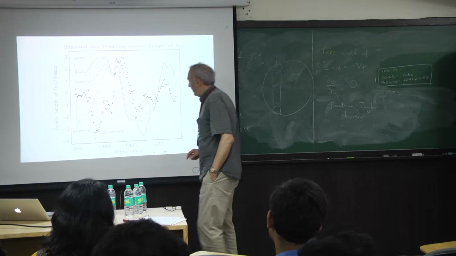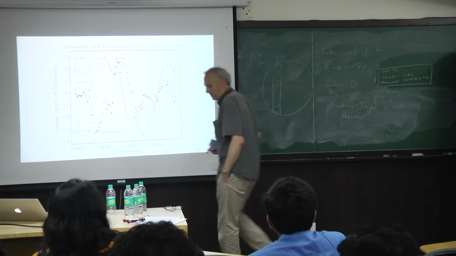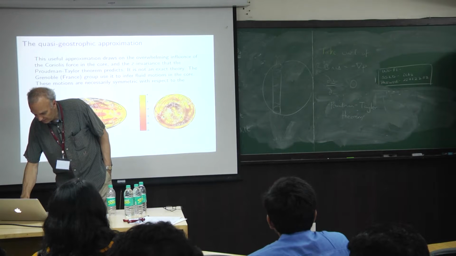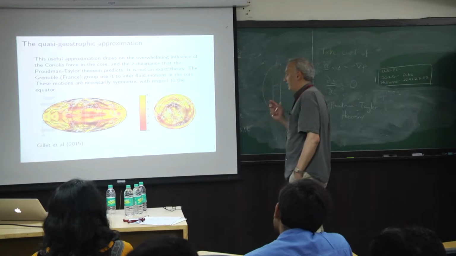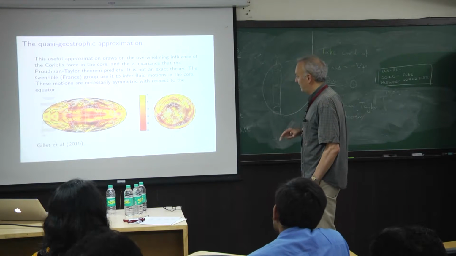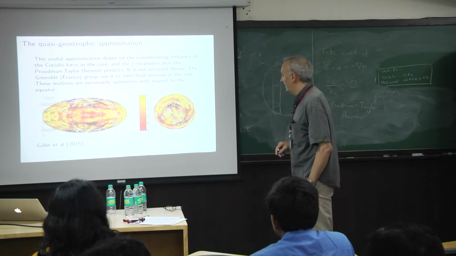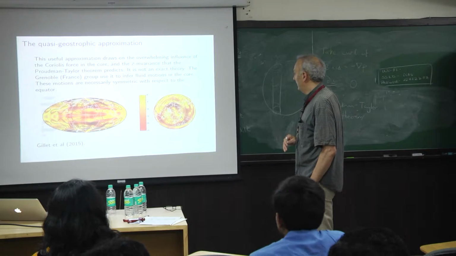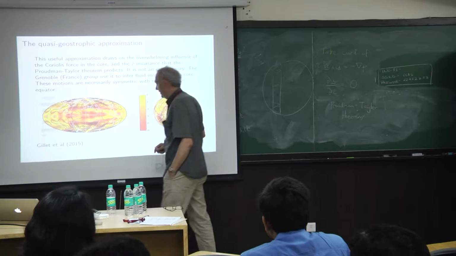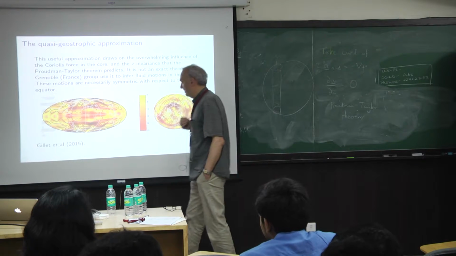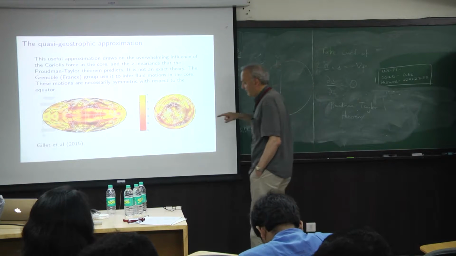Let's just go straight to the Grenoble results. So the Grenoble group have carried out this exercise. They've carried it out using a special kind of approximation that I think it's not appropriate to go into. They've retrieved the core flow, and this is their result from their paper, which is just on the website just now.